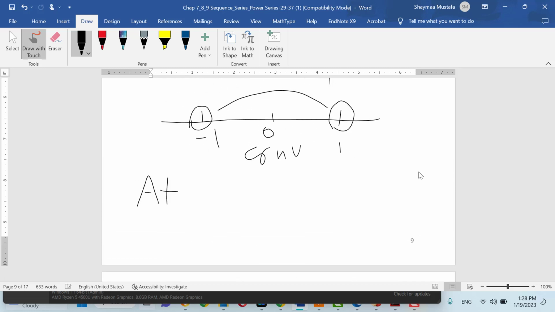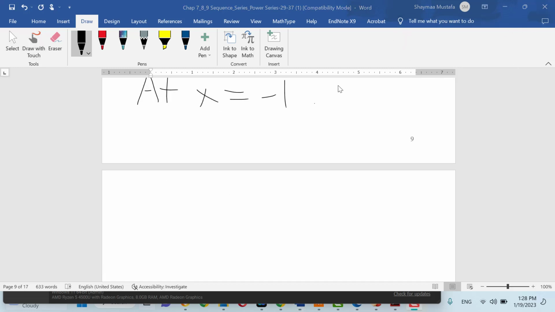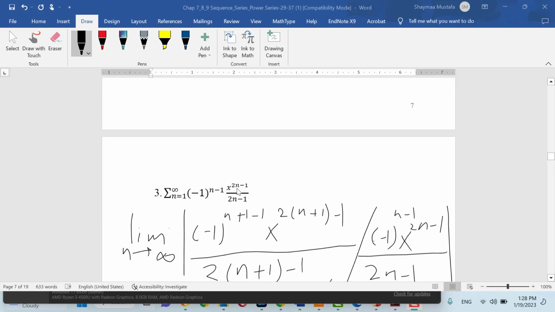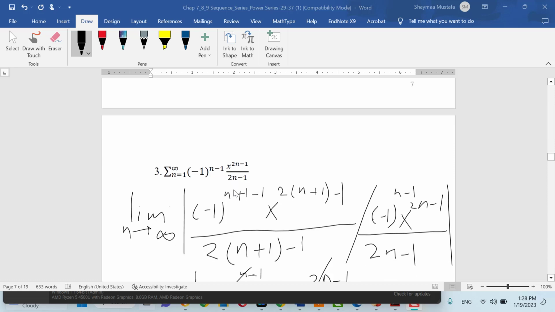So at x equal to minus 1, we will go for the original series, this one. We will replace x by minus 1.